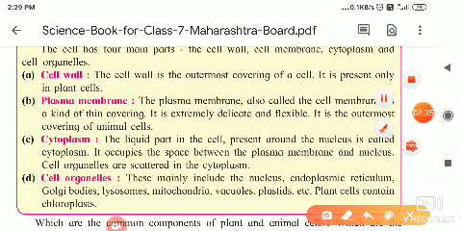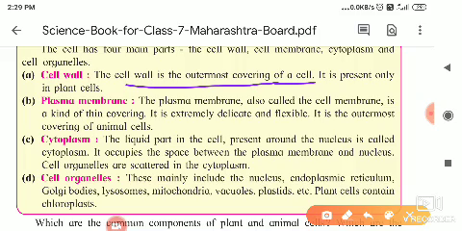Cell wall. The cell wall is the outermost covering of the cell. It is present only in the plant cell. Just now I told you the cell wall is present only in the plant cell. Next is the plasma membrane. The plasma membrane is also called the cell membrane. It is present inside the cell wall, a kind of thin covering.